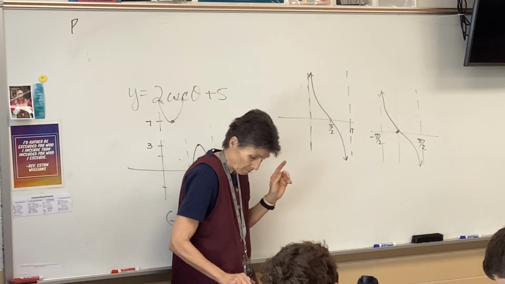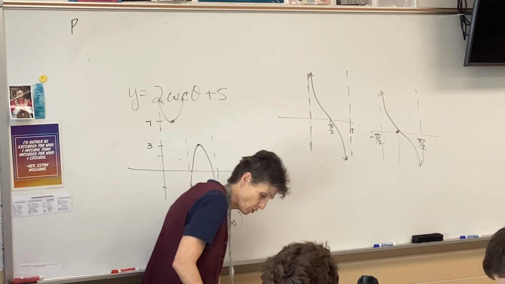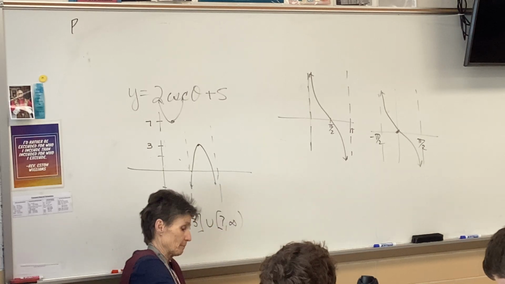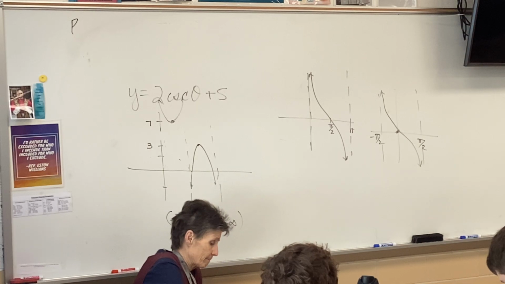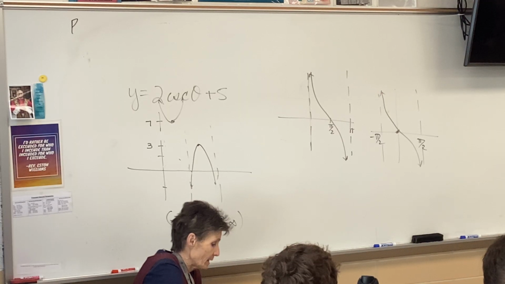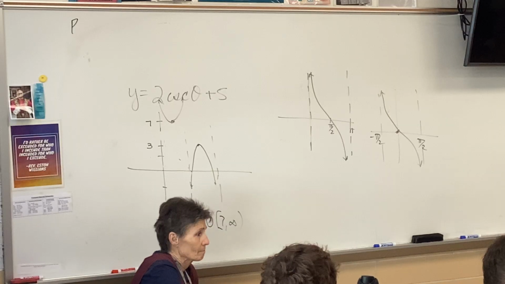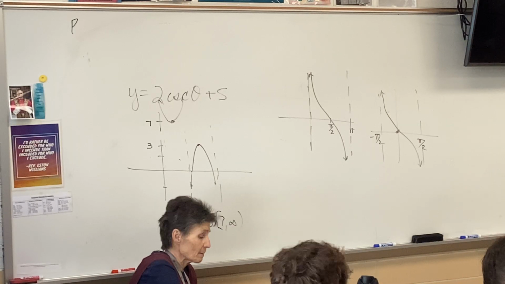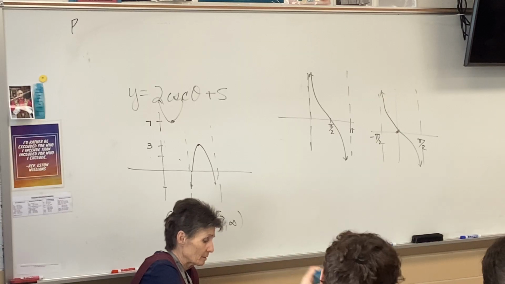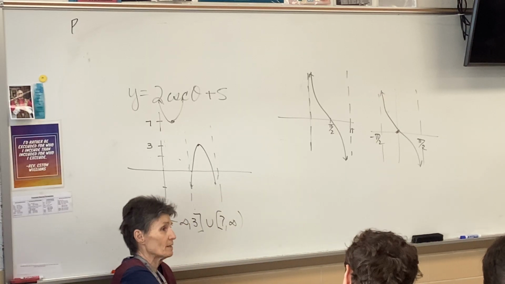Good job. Which of the following has no solution? A. How do I know A has no solution? Think about it. Doesn't that say cosecant equals 2/5?